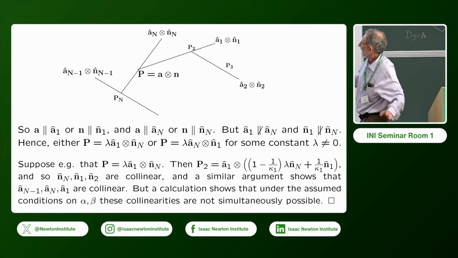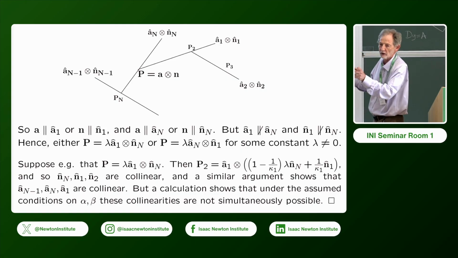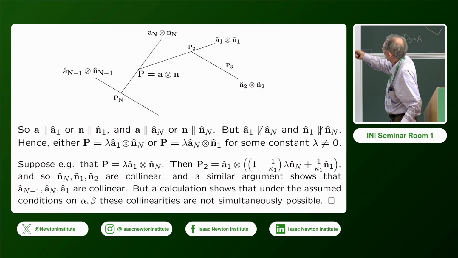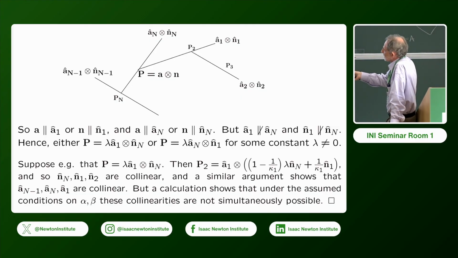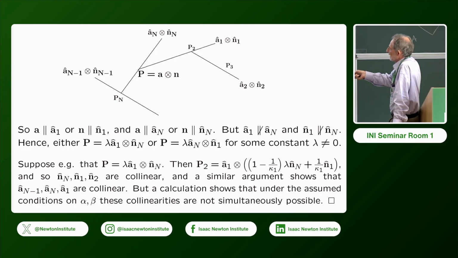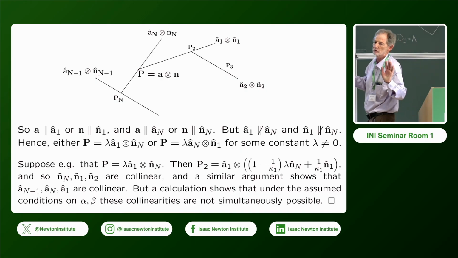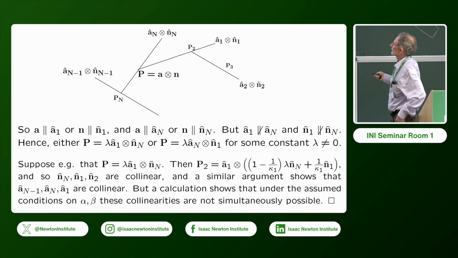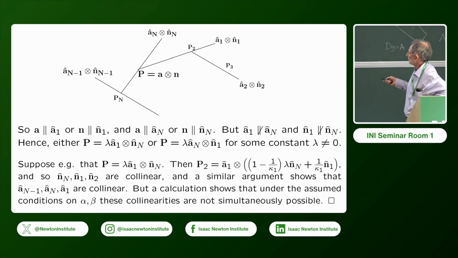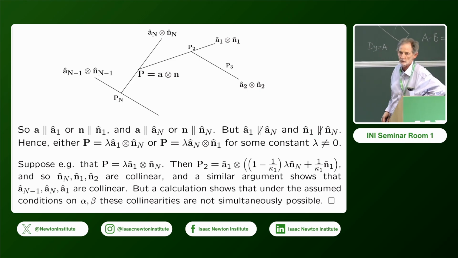So that tells you that Nn hat and N1 hat and N2 hat are collinear. Okay? And then a similar argument, fooling around over here, has to show that An minus 1 hat and An hat and A1 hat are collinear. Okay? But then you do a horrendous calculation to check that under the assumed conditions it's not possible for those two things to happen simultaneously.